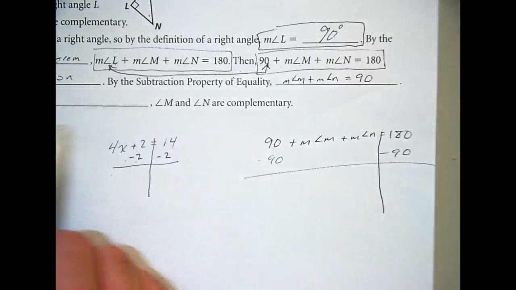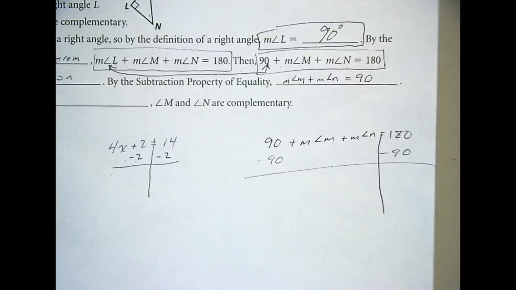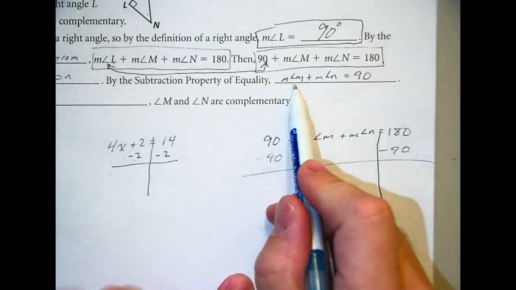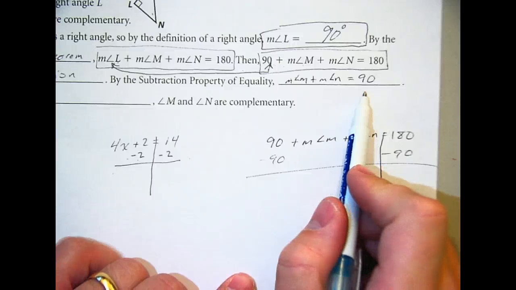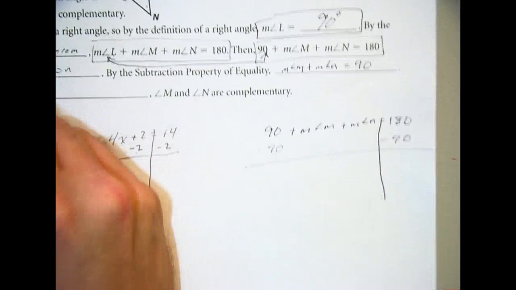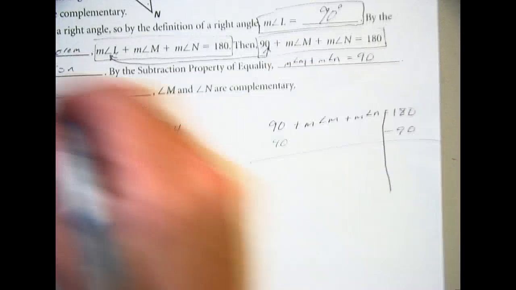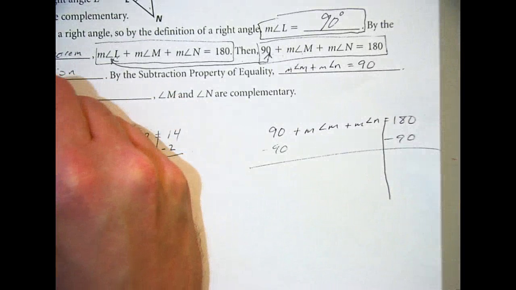Finally, by the blank, measure of angle M and measure of angle N are complementary. By the what? It would seem like you should be done here, right? Well, whenever you're thinking, haven't we said it here? Usually it means by the definition.